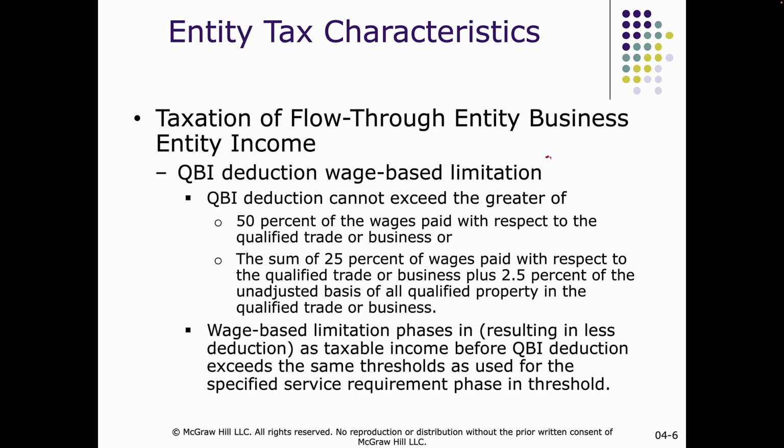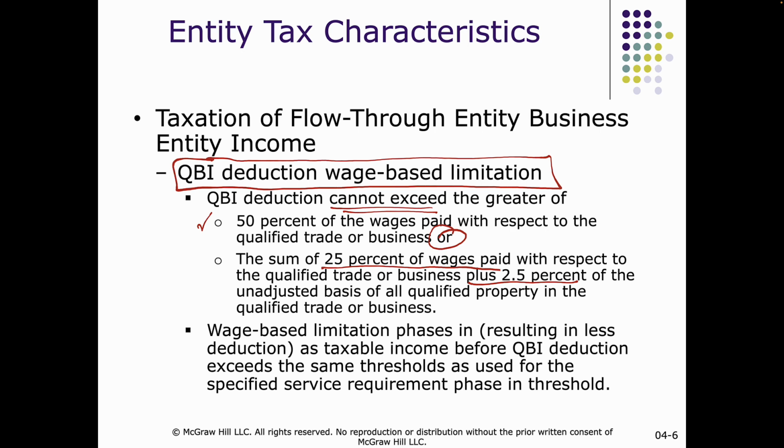Now let's look at the qualified business income deduction based on the wage-based limitation. The qualified business income deduction cannot exceed the greater of 50% of the wages paid with respect to that qualified trade or business, or the sum of 25% of the wages paid with respect to the trade or business, plus 2.5% of the unadjusted basis of all qualified property in the qualified trade or business.